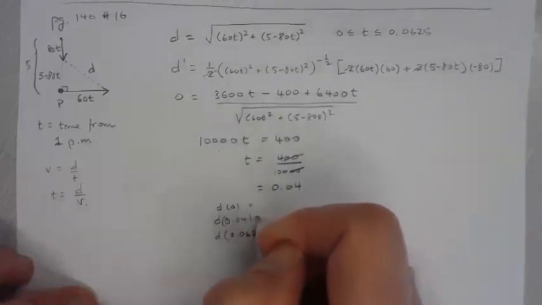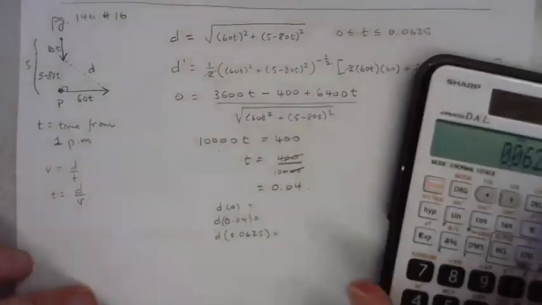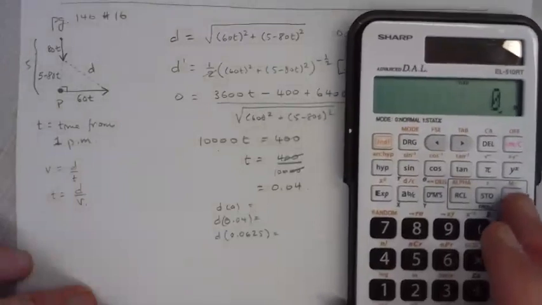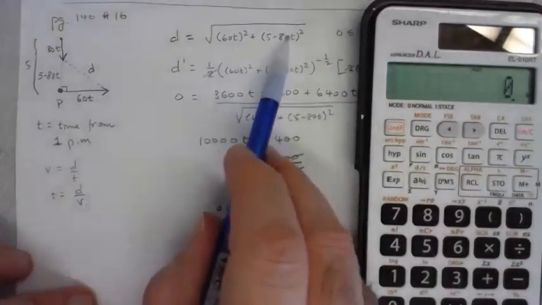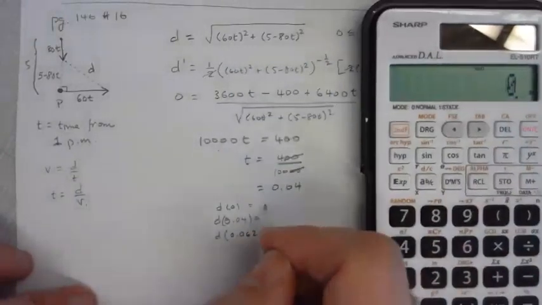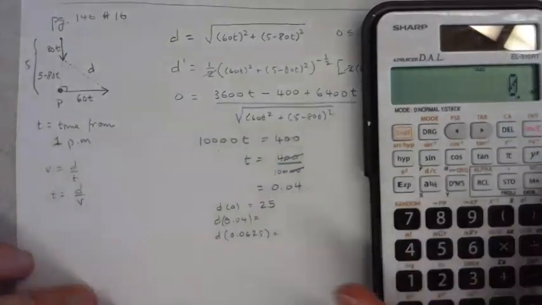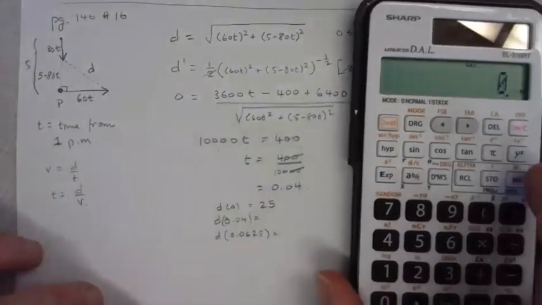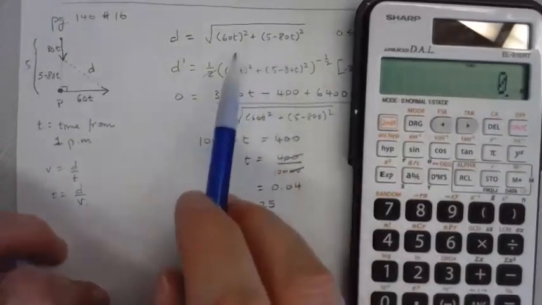The first one would be pretty easy because when I stick in t equals 0, that goes. So I have the square root of 5 squared, which is just 25. Nice and easy.